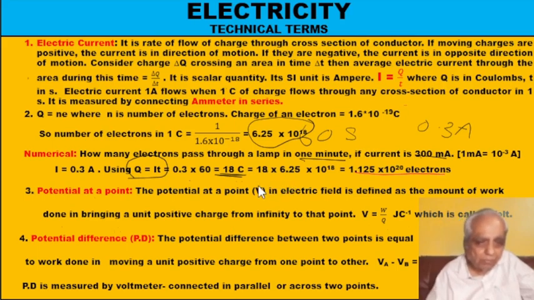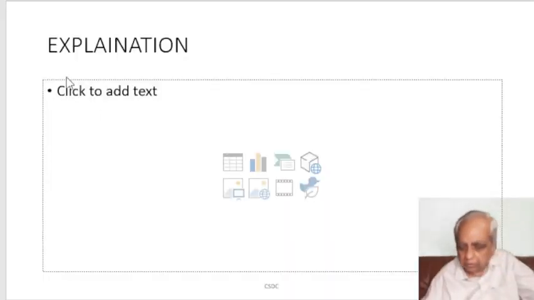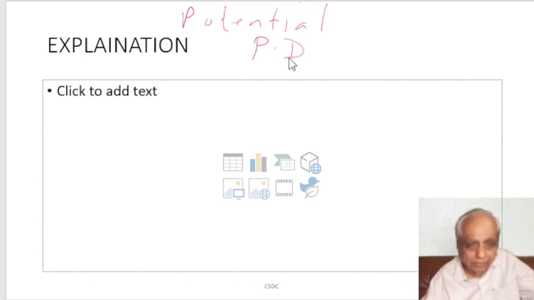Now, pay very close attention. We are learning one very important term called potential. And a second term, if you understand this, would be easier to understand: PD. PD means potential difference. I will explain that later on.